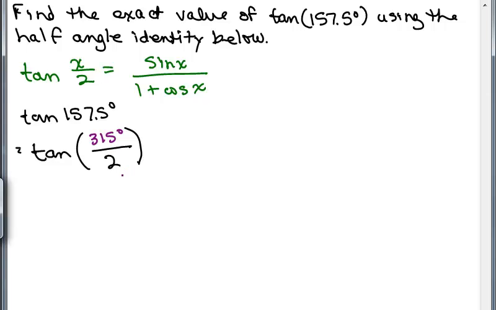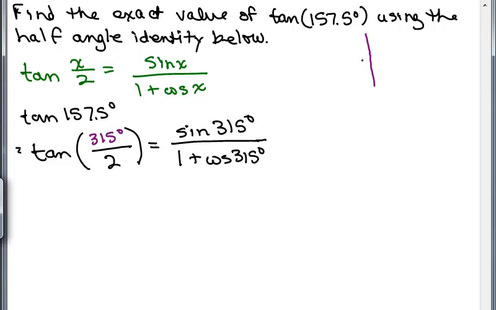So if I want to use this formula, it says we're going to plug in for x now 315 degrees. So I have the sine of 315 degrees over 1 plus the cosine of 315 degrees. So I need to know the sine and the cosine of 315 degrees.